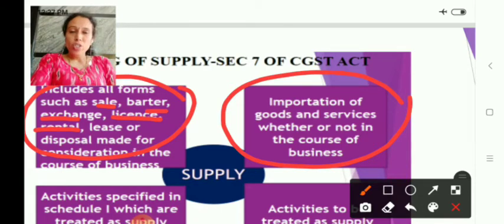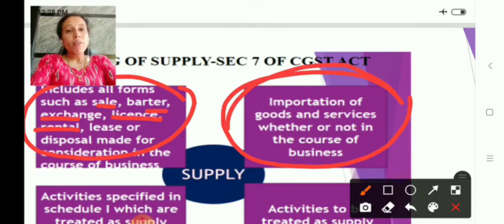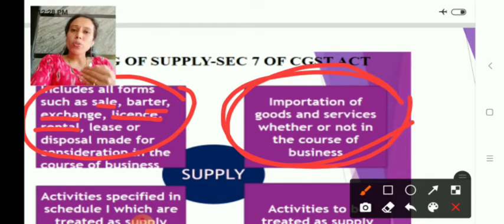So whatever exchange or lease or sale or transfer, it should be part of a business activity, then it is considered as supply. Whereas in case of importation, when you import goods from a foreign country, it may be for business purpose or it may be for personal purpose. Both are considered as supply under GST, so it attracts levy of GST.